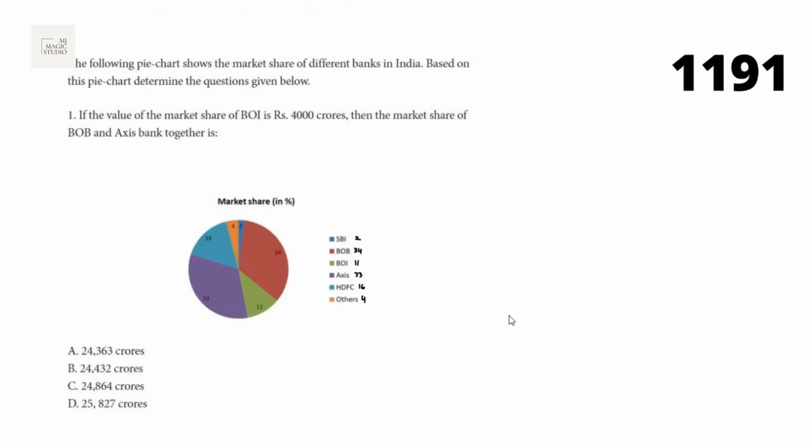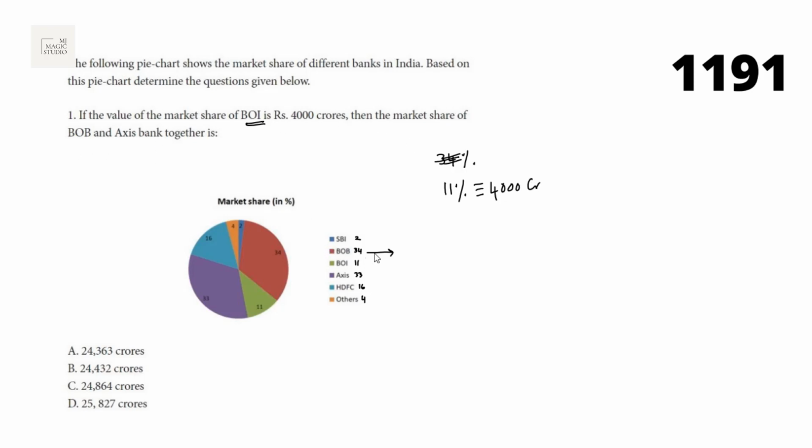Okay, coming back to the question, now we have these percentages. If the value of the market share of BOI is rupees 4,000 crore, sorry for the wrong thing, BOI is 11%. 11% is 4,000 crores.